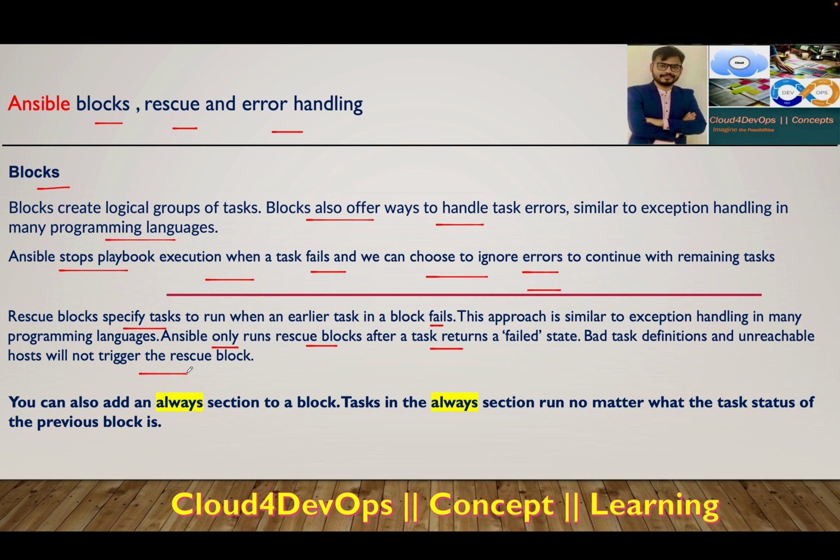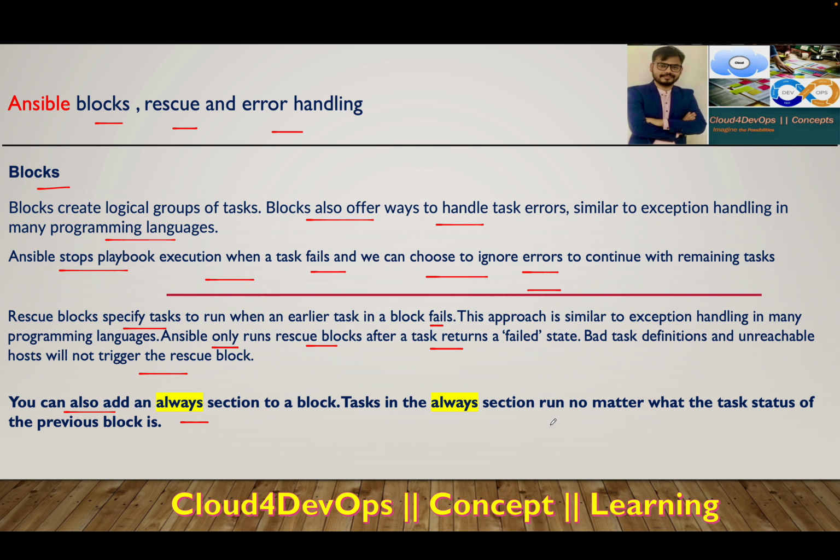It will only get triggered if your task section, the block section of operation, fails. You can also add an always section to the block. The tasks in the always section run no matter what the status of the tasks in the previous block is. So the structure looks like block, then rescue, then always.